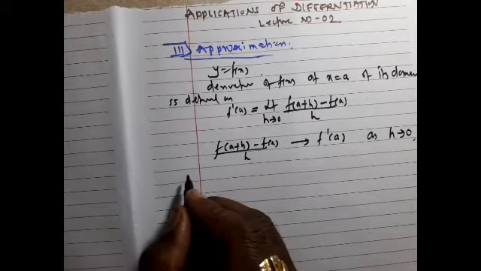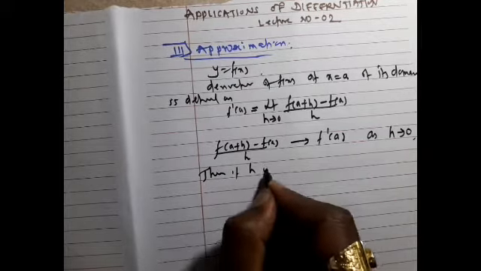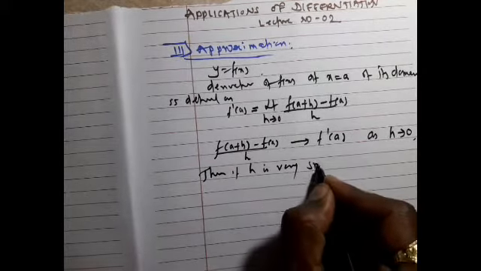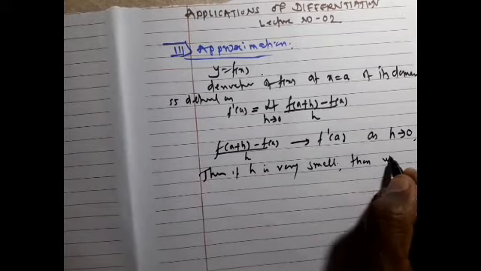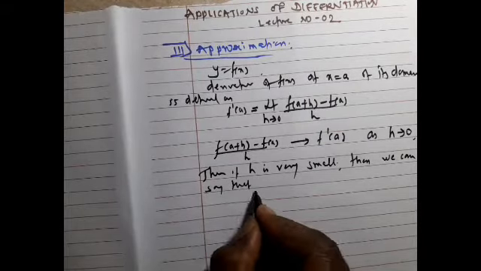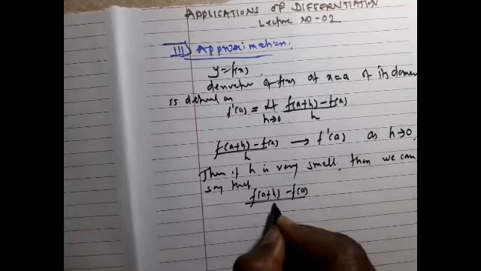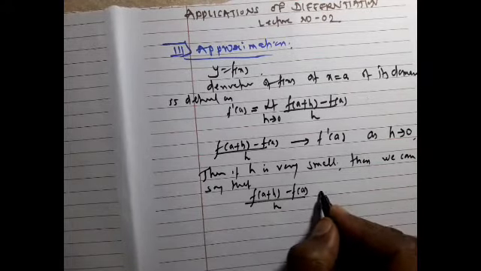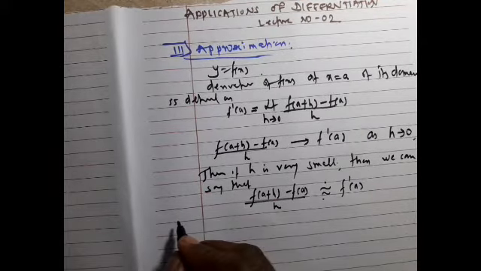Thus h is very small. If h is very small, then we can say that f(a plus h) minus f(a) upon h is approximately equal to f dash a.